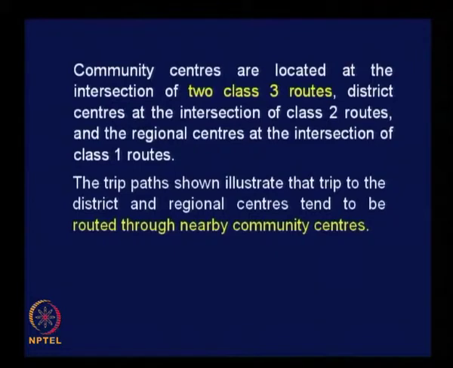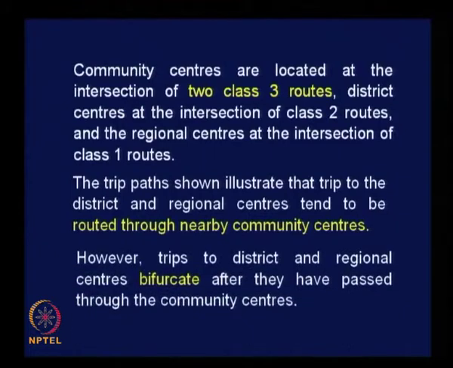The trip paths to the district and regional centers tend to be routed through the nearby community center, obviously, whereas trips to district and regional centers bifurcate after they have passed through the community centers. Clear? So, these are the basic structural features of the grid type of urban structure.